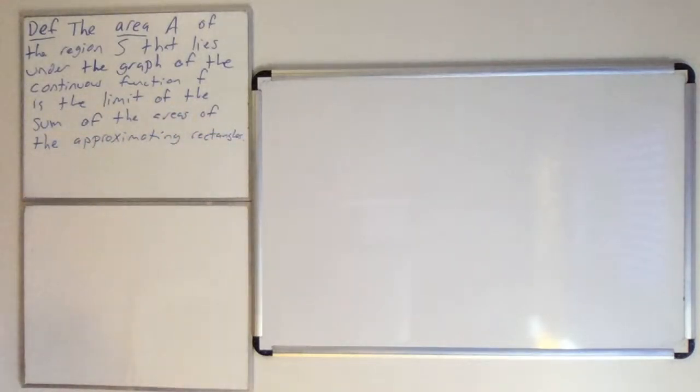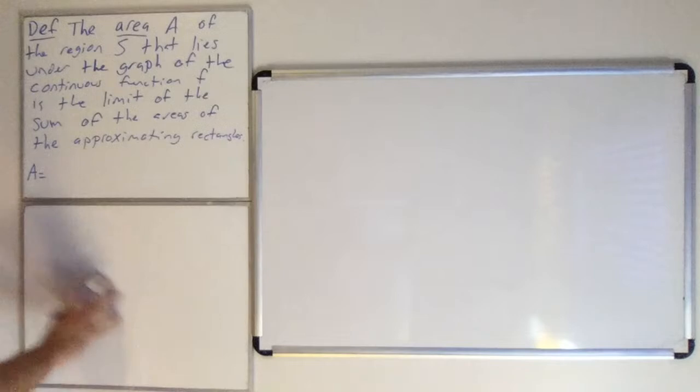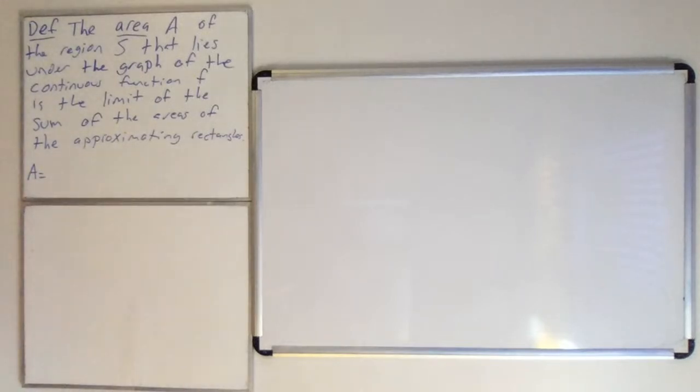Okay, what is this saying? Well, in math terms, the area under the curve, and I'm not sure how much space we'll need to write out this formula, so I'm not going to draw a picture yet, but we'll get there in a second.